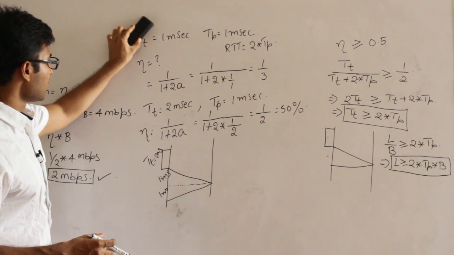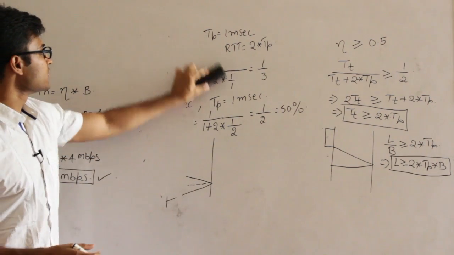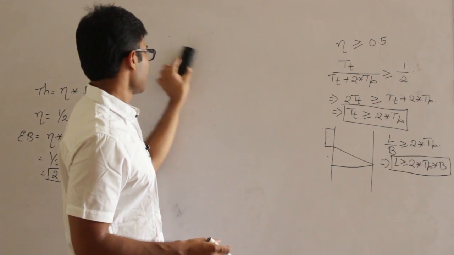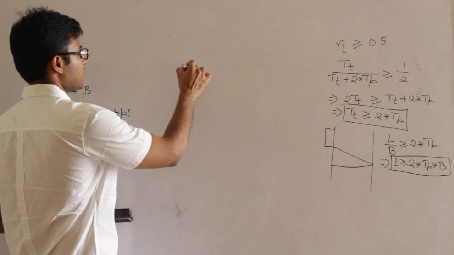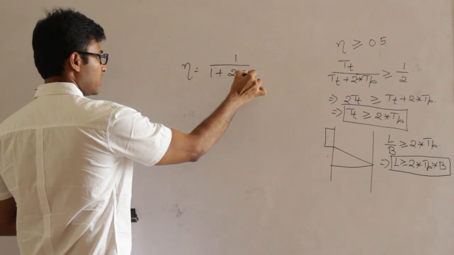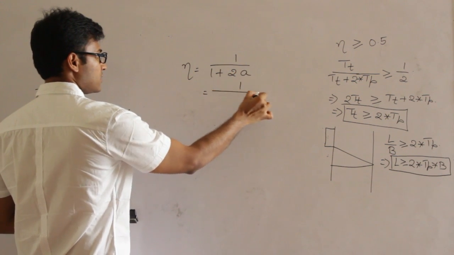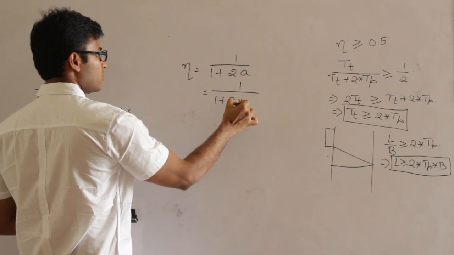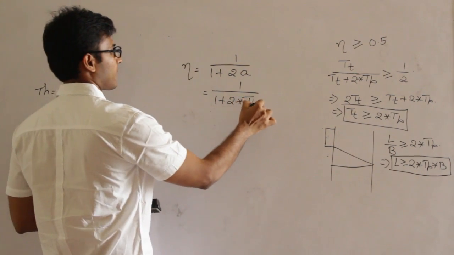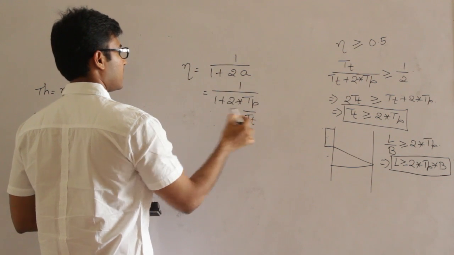Let's see the factors which affect efficiency. Now if you look at the formula of efficiency, it is 1 upon 1 plus 2a, and it is 1 upon 1 plus 2 into Tp by Tt, right?